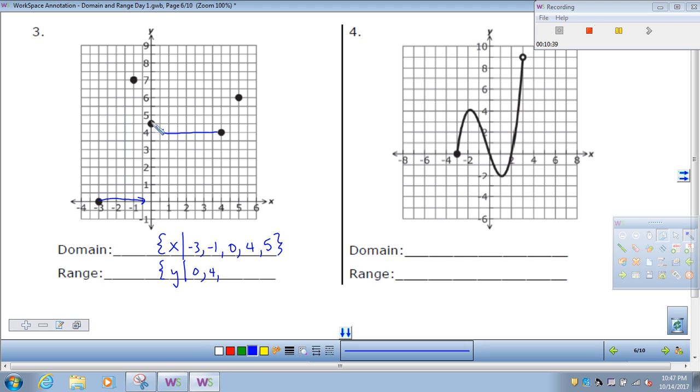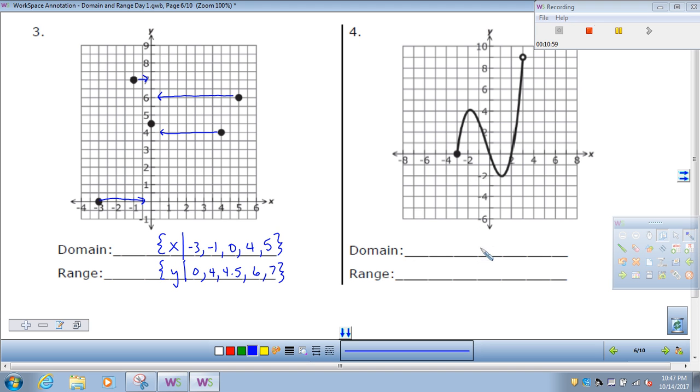And then this one's on 4.5, so that is the y-axis, so now we want that 4.5. And then 6 and 7. And every time I'm going to the y-axis because I'm doing range.